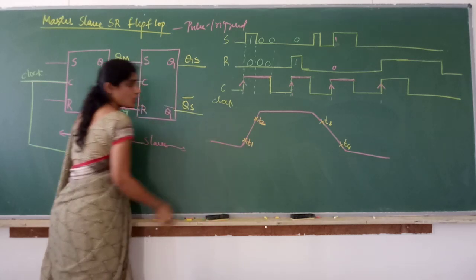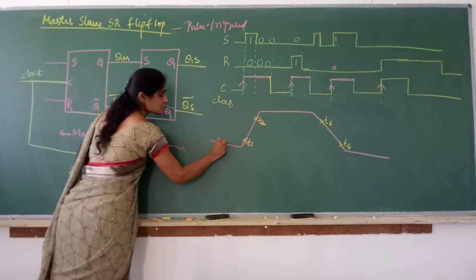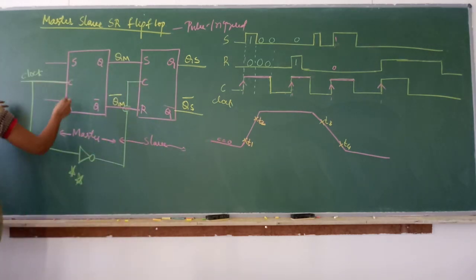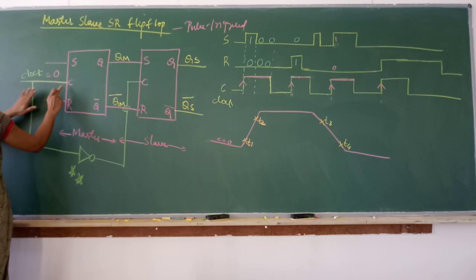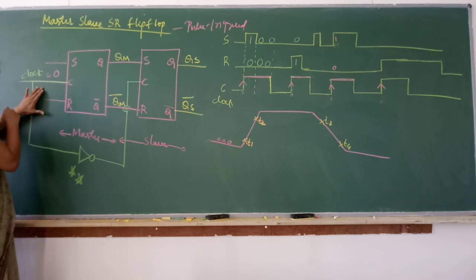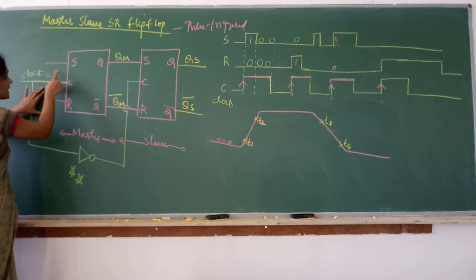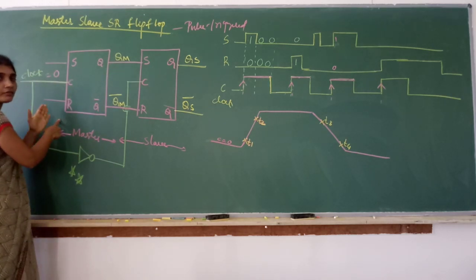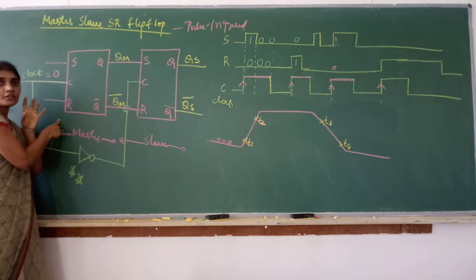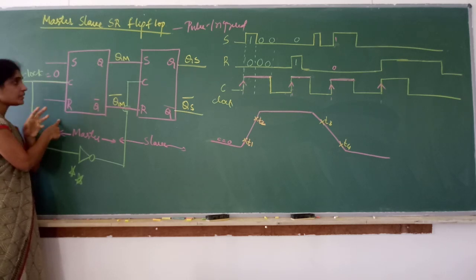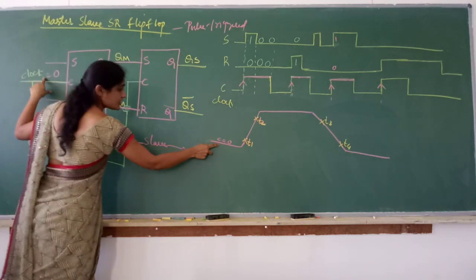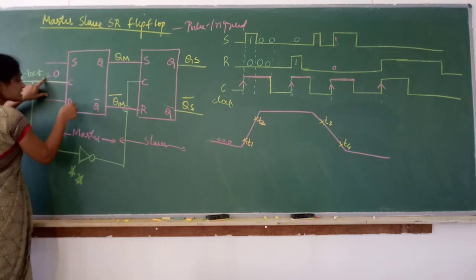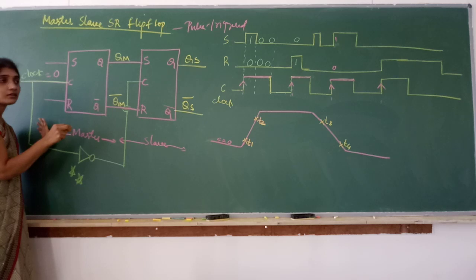If you are giving the clock as 0, will your master flip-flop be enabled? The master flip-flop is not enabled. When you give the clock as 1, only then will any flip-flop be enabled. Otherwise it will be disabled. Since initially the clock is 0, the master is disabled.